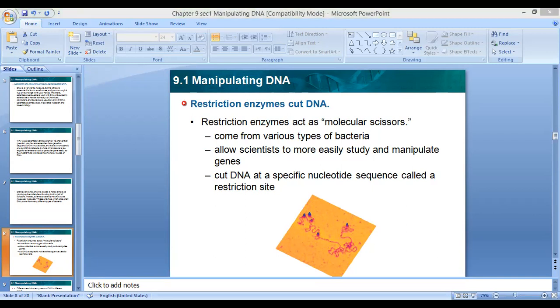Right. Who wants to add to it? I think because they stop any further actions. So it is called restrict, meaning stop. Restrict the effect of the virus on the bacteria. Miss, and it cuts the DNA.